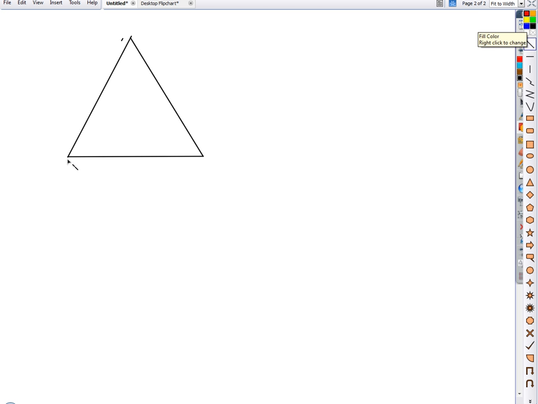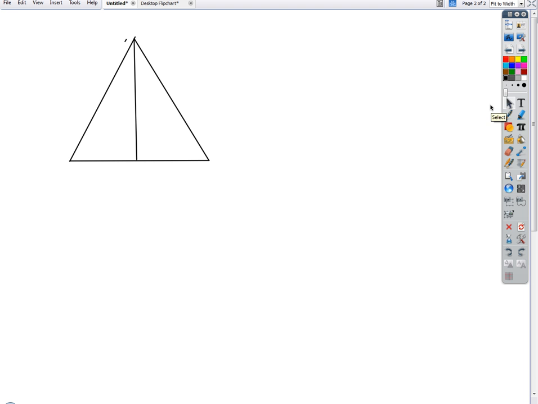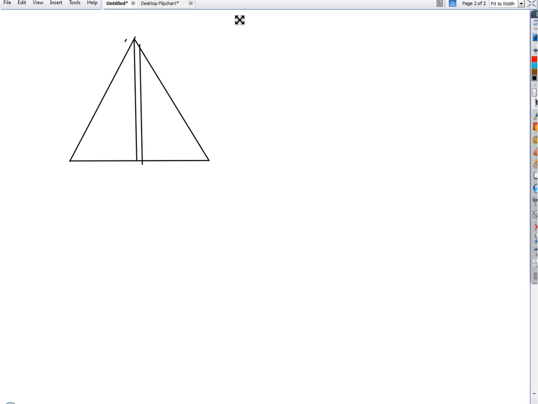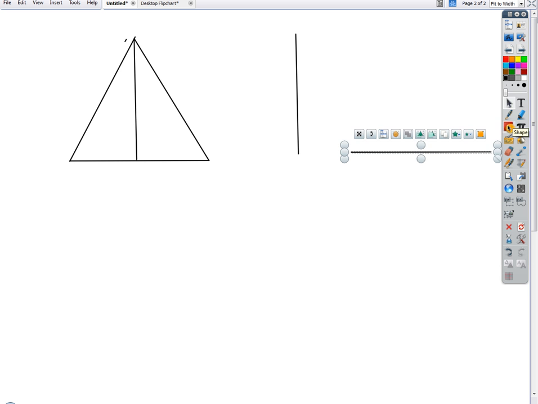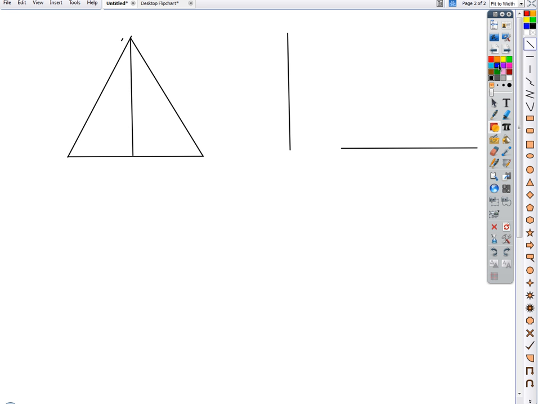So here's the base, here's the height. I'll leave those segments the same. Let's create a different triangle that's got the same base and the same height but looks dramatically different. How about if we copy that one? So there's the height. Let's copy this one, so it's got the same base. But here's my triangle.